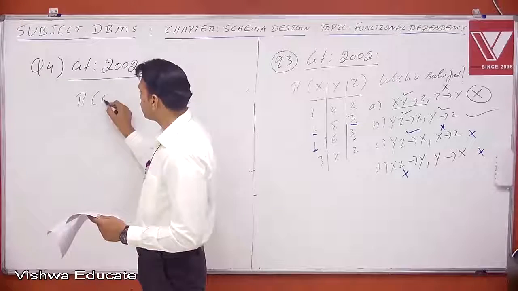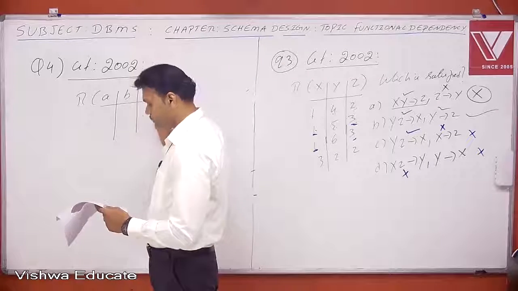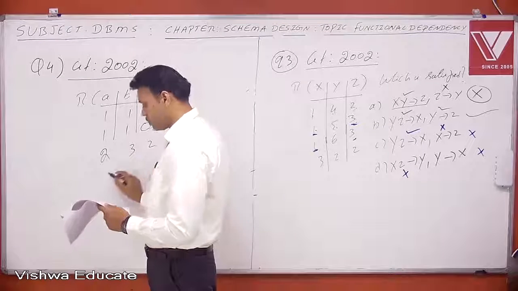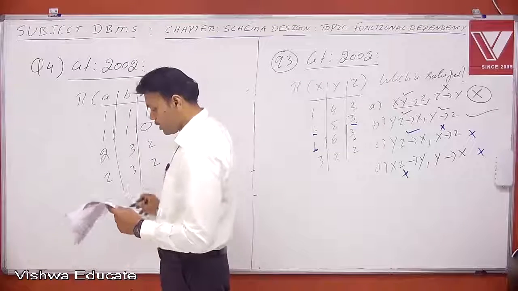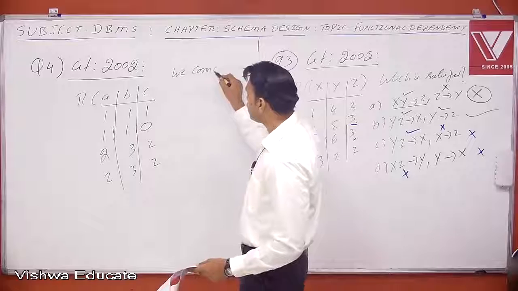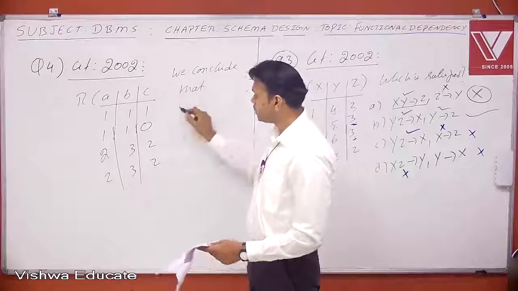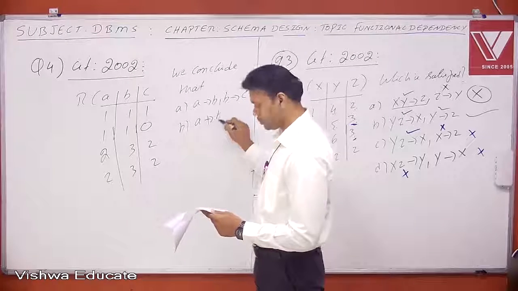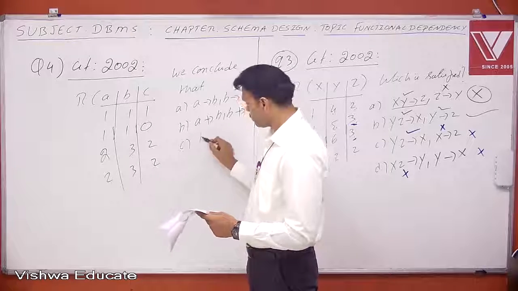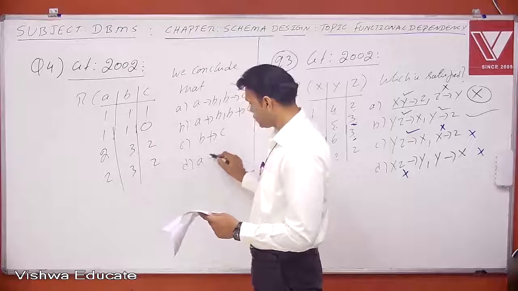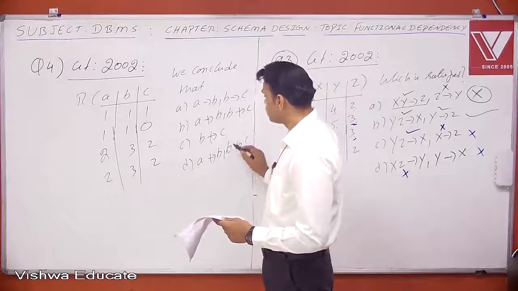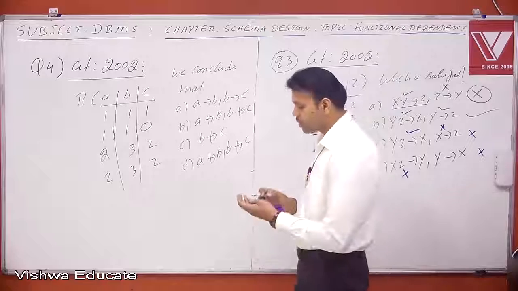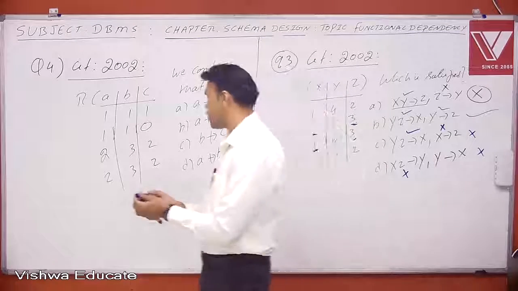So he has given the same R of ABC with some tuples: 1 1 1, 1 1 0, 2 3 2 and 2 3 2. He is asking, we conclude that A to B and B to C. Now you can guess which option is correct among the given 4 options.